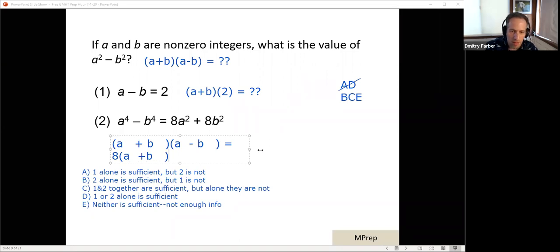And if I do that, I can see that I don't need to know all the details because some of this is just going to go away, right? I want to know a squared minus b squared. I want to know this. And right now it's got a lot of junk around it. But if I know a squared plus b squared is on both sides, I can divide by that.